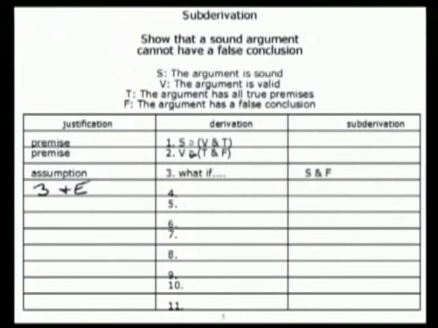We'll use S. And then from 4 and 1, by horseshoe elimination, you get V ampersand T. From 5, take it from there. Somebody? A little louder, Josh. Ampersand elimination, you can get V. Yeah, ampersand elimination, you get V.